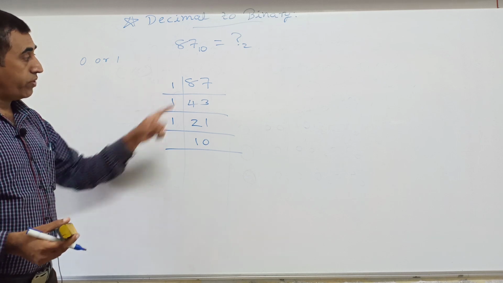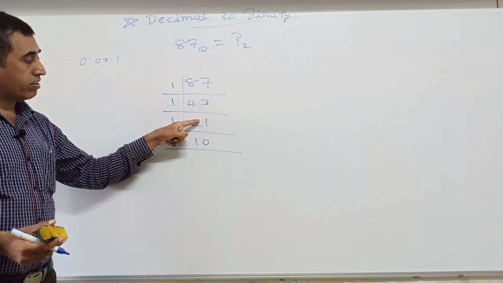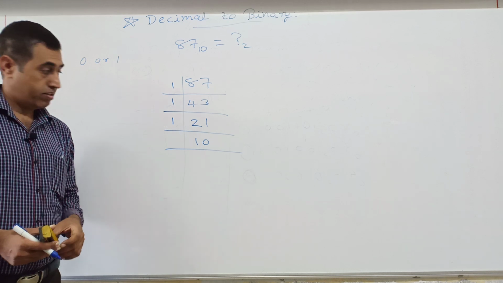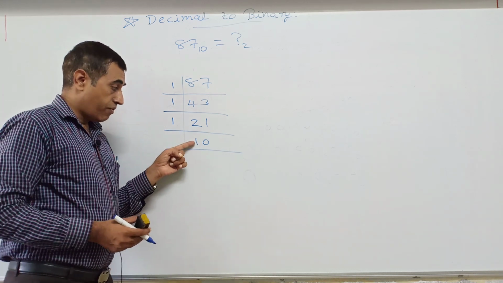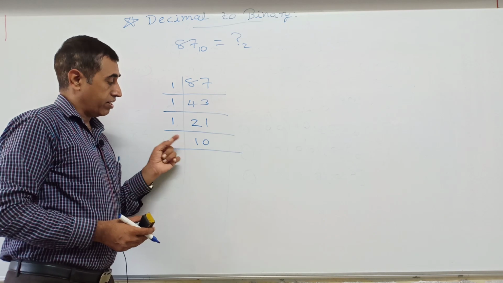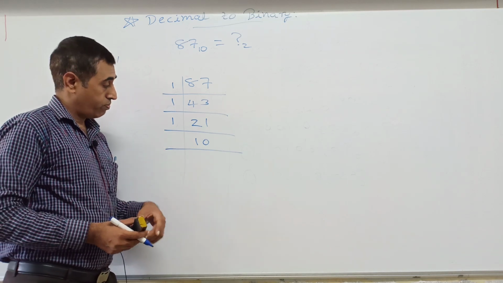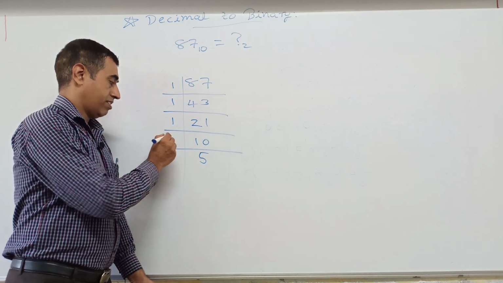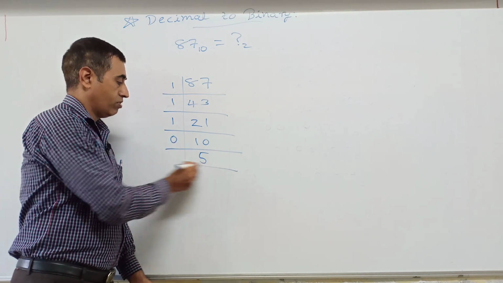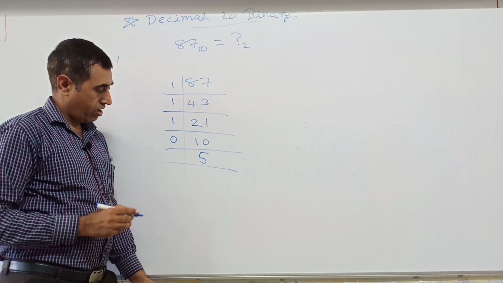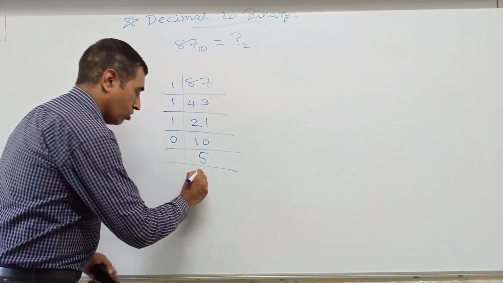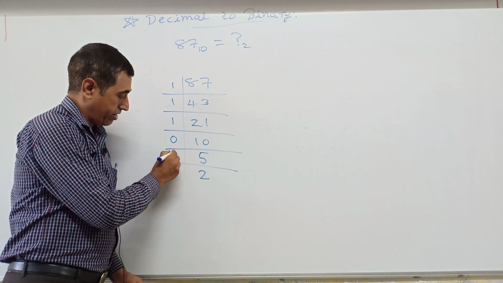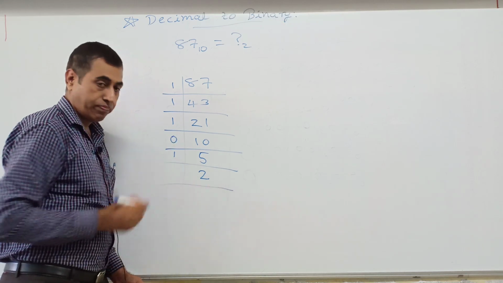If it is an odd number, then remainder 1 will come here. But if it is an even number, this 10 is even, then the remainder will be 0. So 5 2s are 10, and there is no remainder, so 0. Again, this is an odd number, so 2 2s are 4, and the remainder is 1.